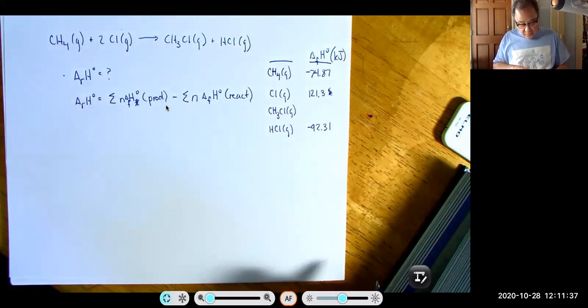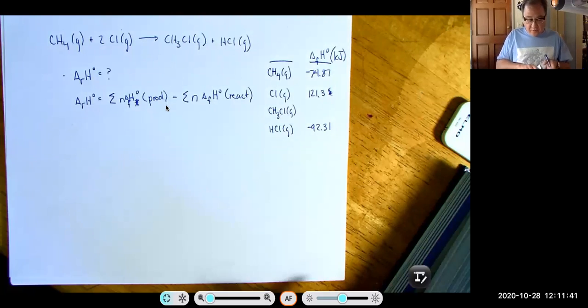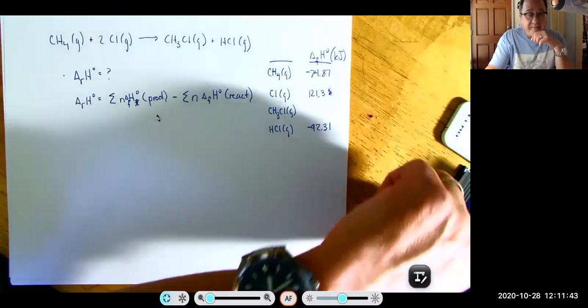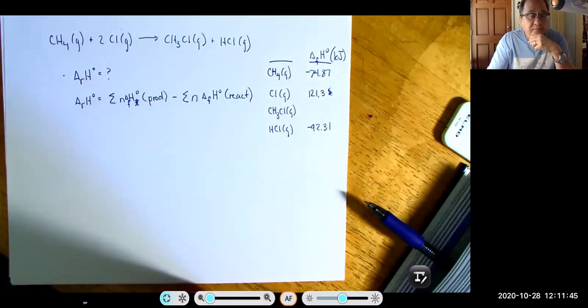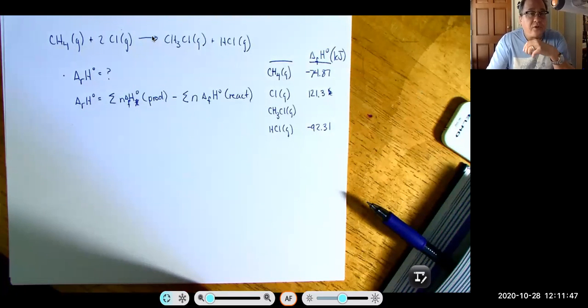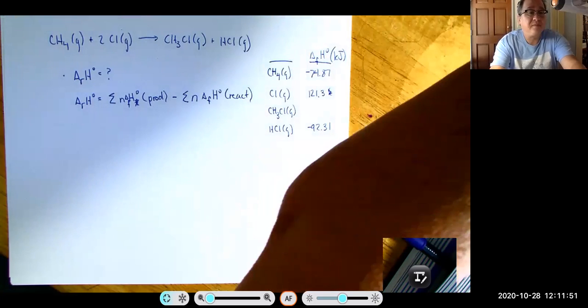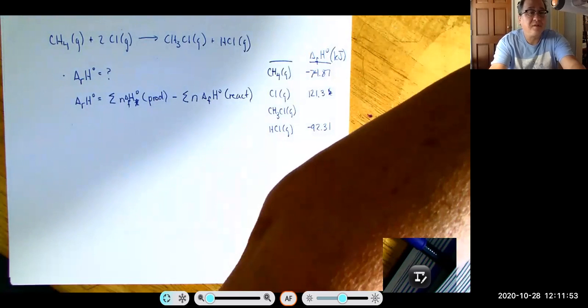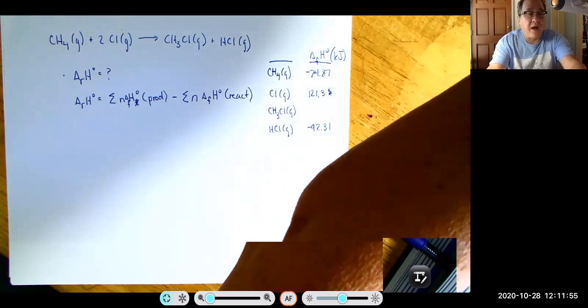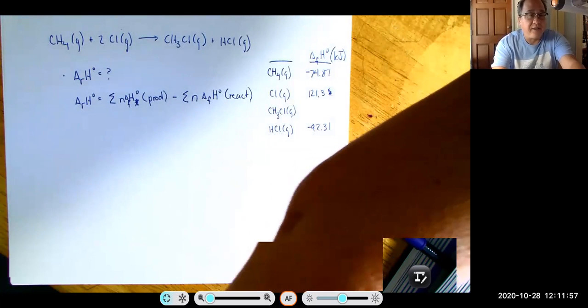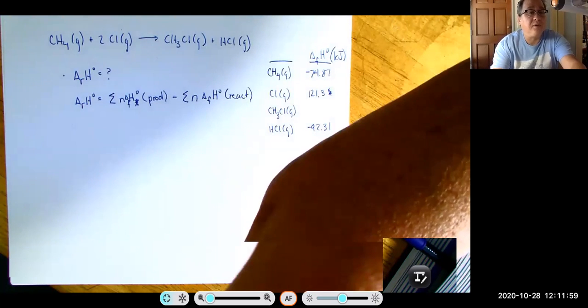All right, so since I can't find it in the back of the book, I'm just going to look it up on the internet. So I'm going to write enthalpy of formation, because you don't want to write all that triangle stuff on the internet. It's just too much trouble.